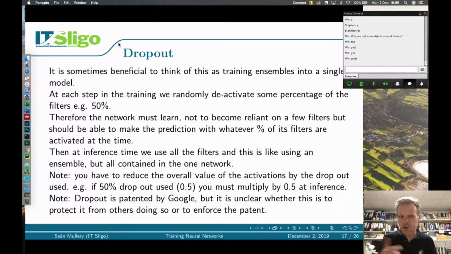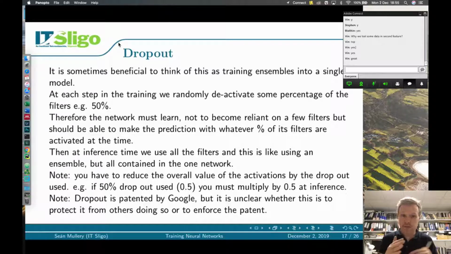So very much similar with a neural network. The idea of dropout is that it tries to perform an ensemble within the network. So basically, as training is going, it randomly drops different filters.